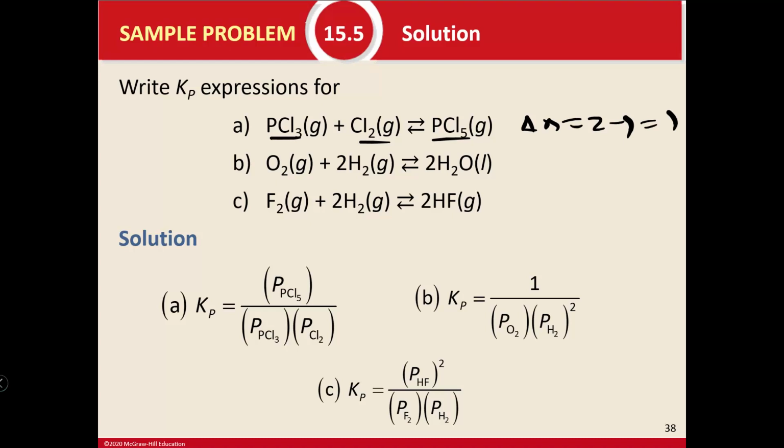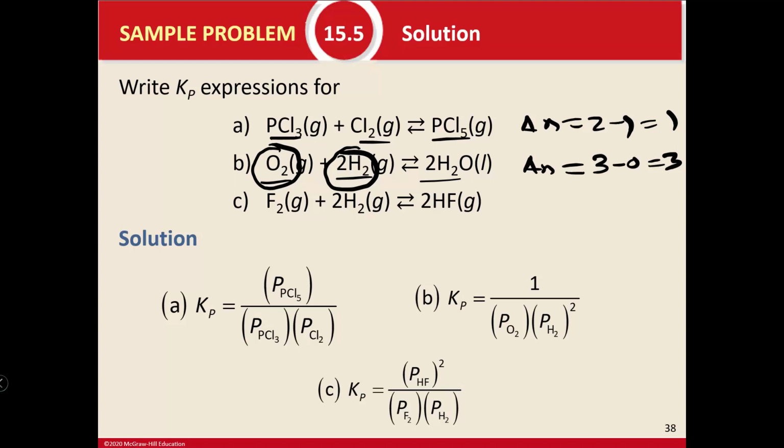So I'm going to have 1 for my delta n. So that means the RT is going to play a factor here. For number 2, balanced chemical equation. So 2 of them are gases. We have a liquid over here. Oh, that's a little trickier. So this one you have delta n equals 3 minus 0. The difference is 3. So 1 mole of gas here, 2 moles of gas here is 3.